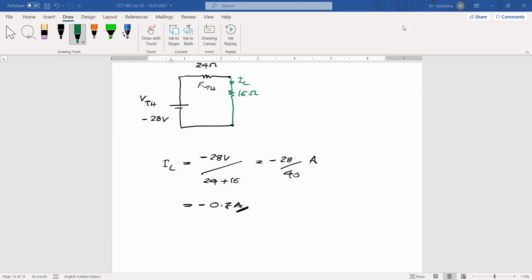Okay, next week we will discuss questions based on Thevenin's theorem. Sharfa, your question about earthing, is it okay?